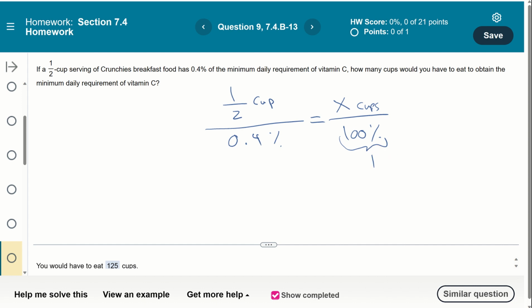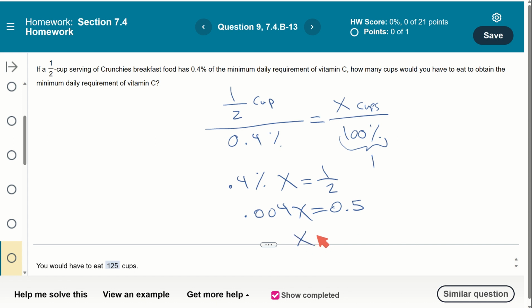So we cross multiply, so we get 0.4% x equals 1/2, right? Now 0.4%, that's going to be divide 0.4 over 100, so move the decimal 2 places to the left. So 0.004x equals, if you want, you can write that as 0.5, 1/2.